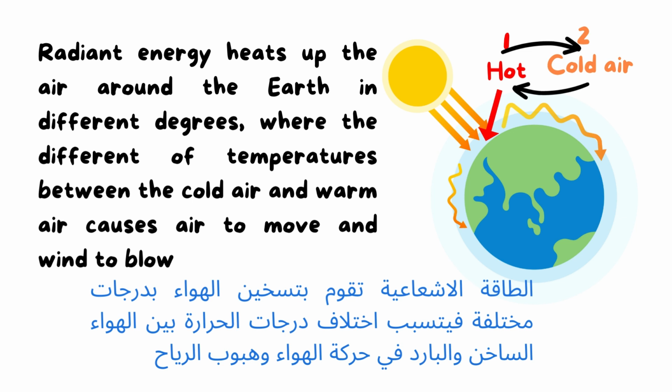Difference of temperatures, as the regions that get more radiant energy have hot or warm air, yes? And other regions that get less radiant energy, they have what? Yes, cooler air, okay? So the difference of temperatures between the cold air and the warm air causes the air to move or the wind to blow, okay?